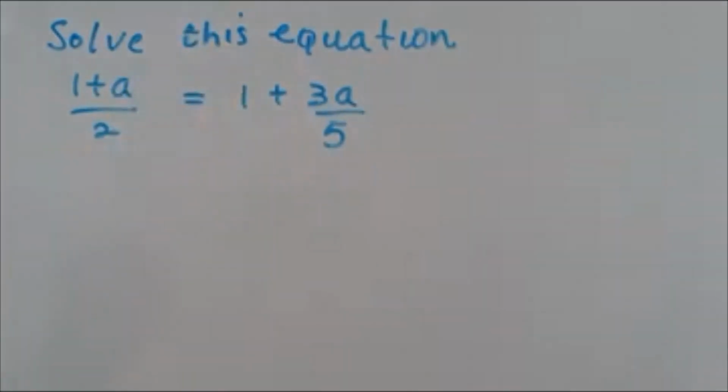Well, if we multiply both sides by 10, we can get rid of the 2 denominators on both sides.